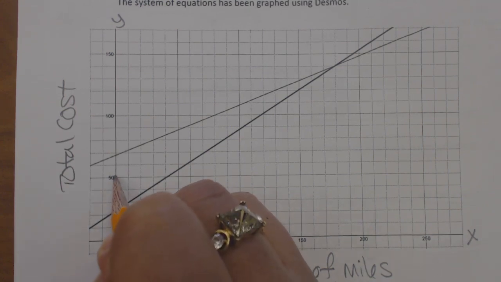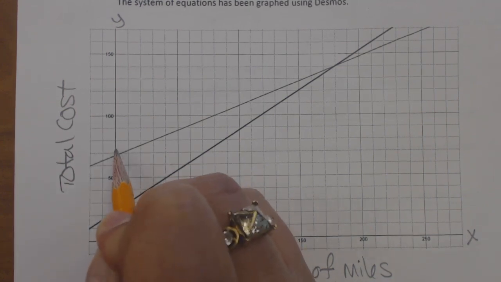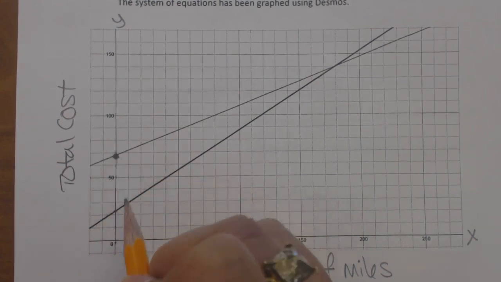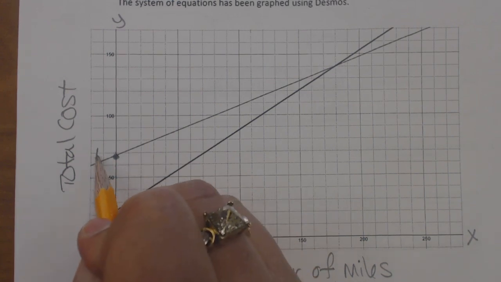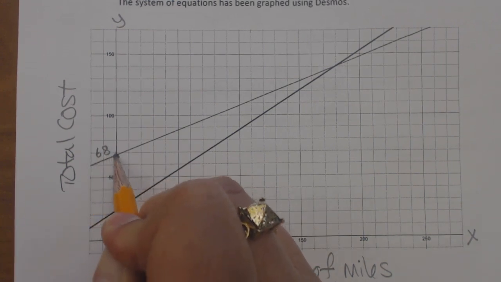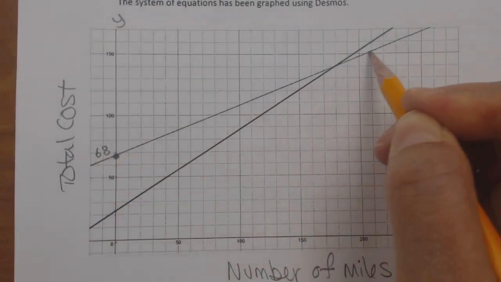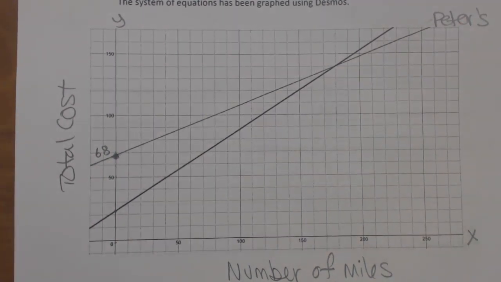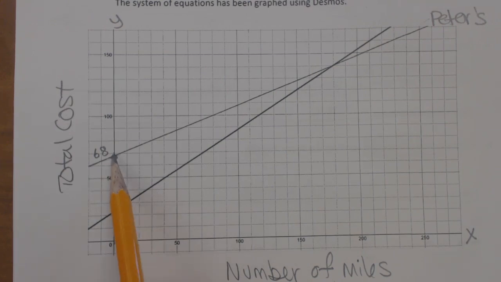So each box is worth 10. 60, and then this is 70 up here. And if you notice on your worksheet, because you might not see it clearly on mine, this would be 68. So following this line here, this line is Peter's. So there we go. Because it crosses the y-axis at 68, that's our y-intercept.